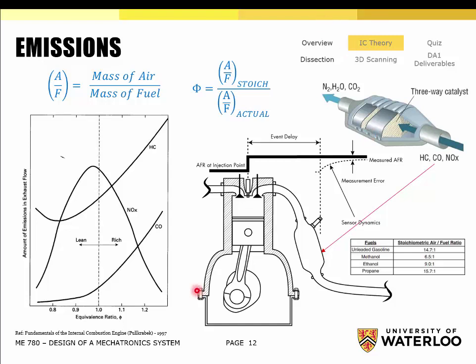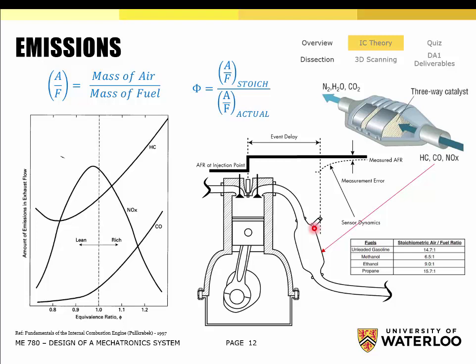So, looking at the engine here, we have another schematic of an engine with the exhaust gases coming out the exhaust system here. This is what might be represented as the catalytic converter. We might have an oxygen sensor inside the engine, which is effectively monitoring the current air-fuel ratio of the engine and adjusting the fuel injectors to appropriately deliver the right amount of fuel.